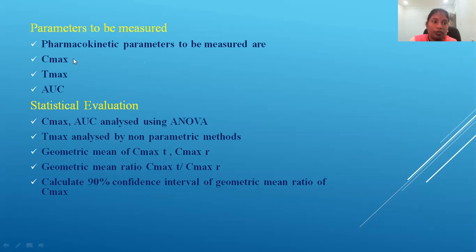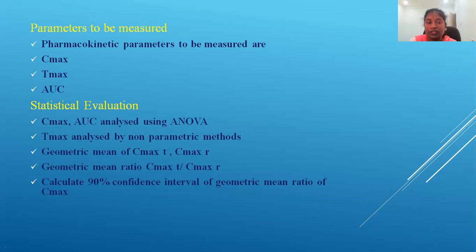The parameters to be measured: what are the parameters you have to take? The pharmacokinetic parameters: Cmax, Tmax and AUC. Already you know that for Cmax you have to plot the PCT profile, which is nothing but time versus plasma concentration.